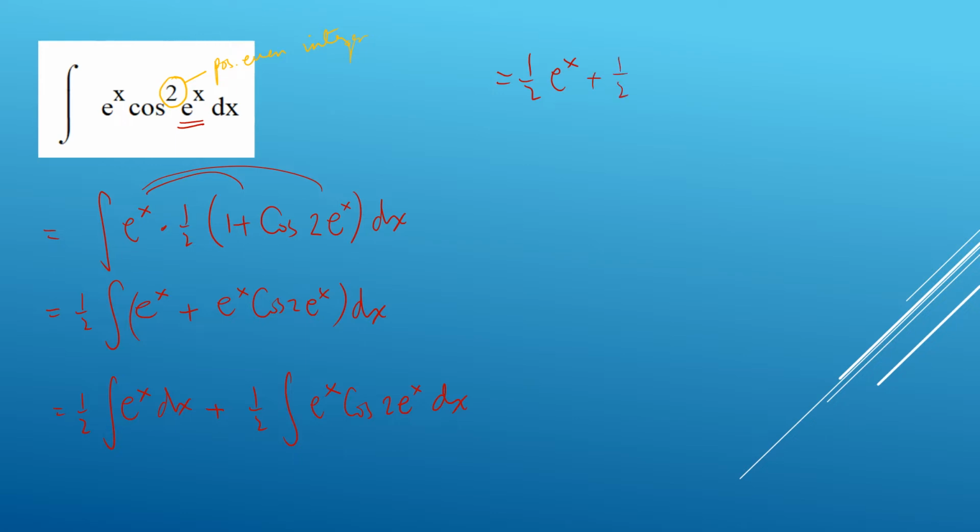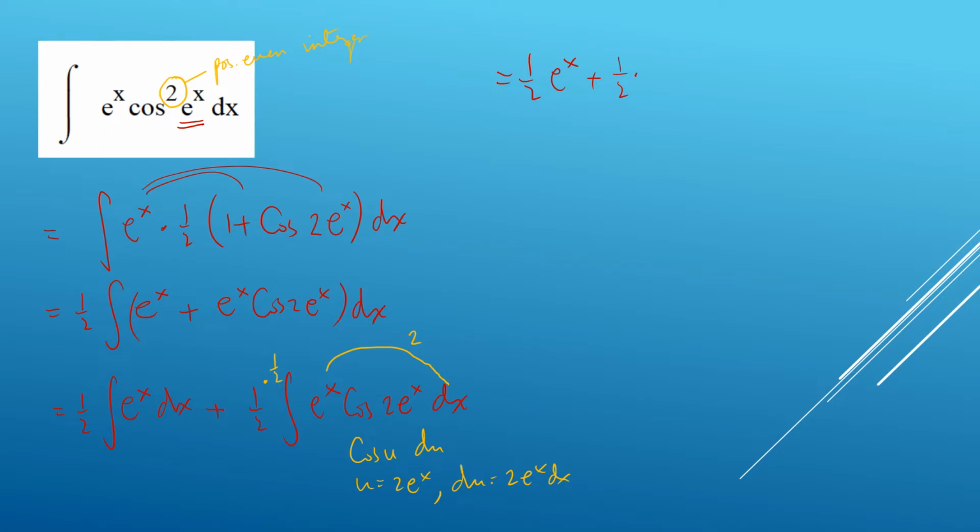We then apply cosine u du to the second integral, where u is 2e to the x and du is 2e to the x dx. So e to the x dx is your du except for the missing constant 2. So multiply it by 2 and then 1/2.